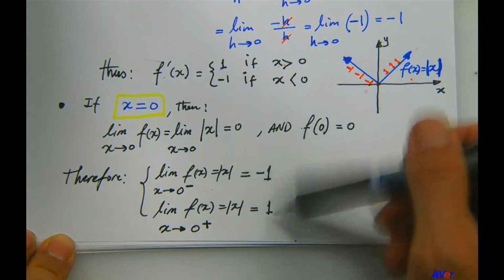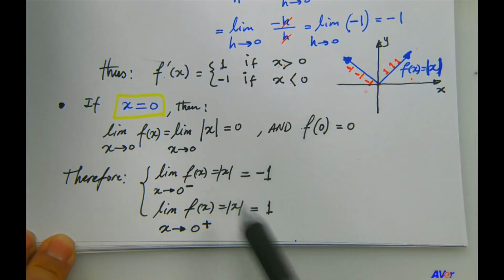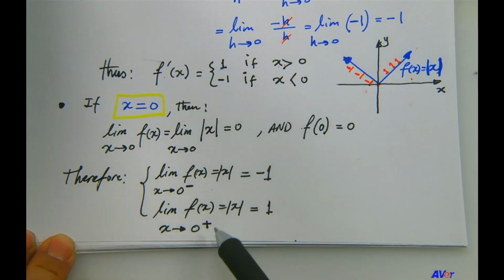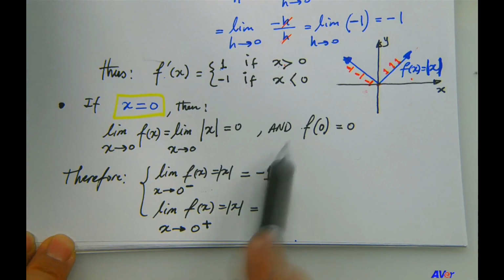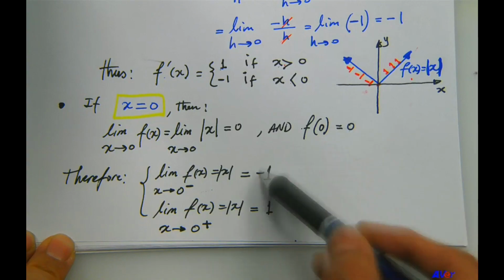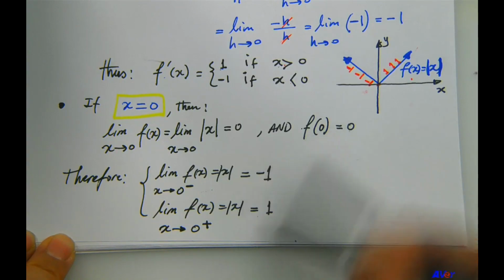But when we take the limits of the function from left and right, we end up with different values than the value of the function at x equals 0, which is 0. So these values are not equal to each other at all.